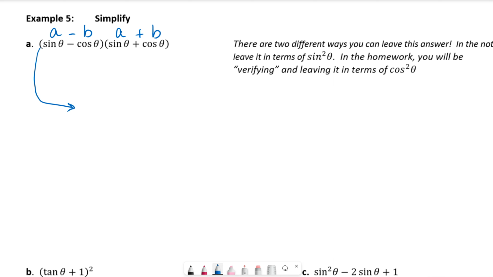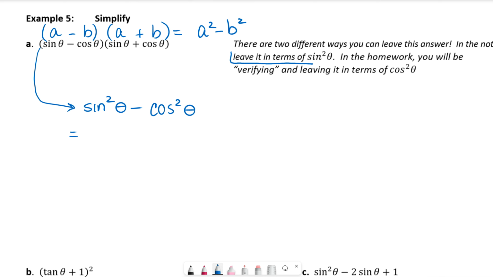So we're going to take the shorthand. Sine times sine is sine squared theta minus the cosine squared theta, because we know that A plus B times A minus B just means A squared minus B squared, okay?